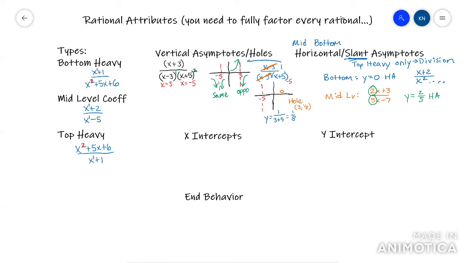Okay, next up, x-intercepts. You get your x-intercepts from factoring everything, and then the top you set equal to 0. So here's what I mean.